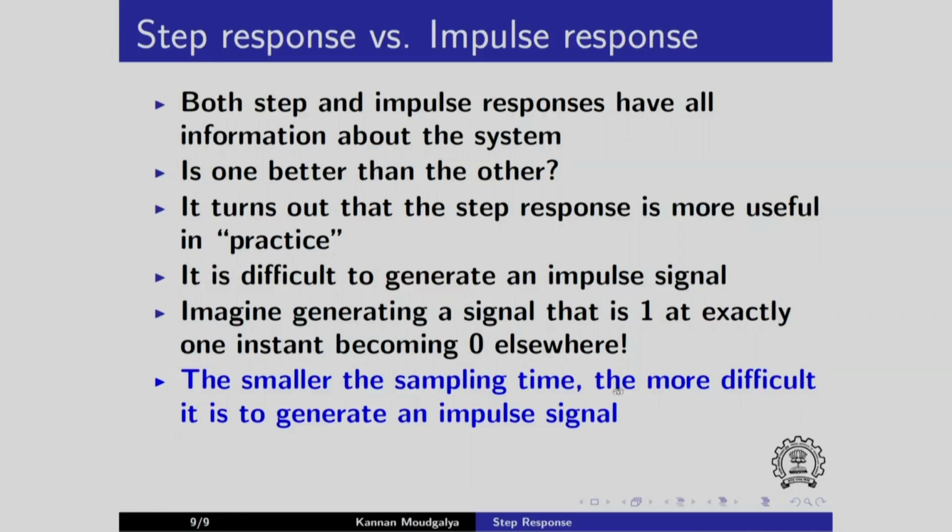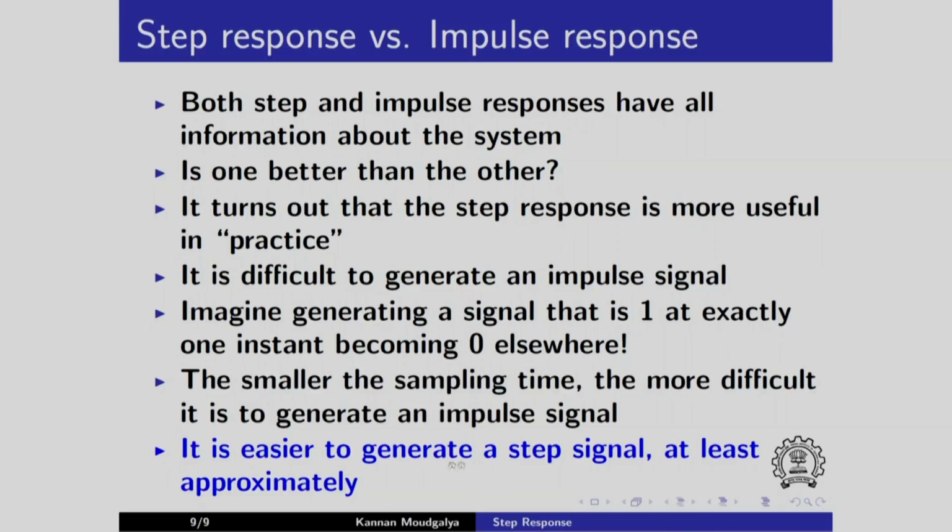The smaller the sampling time, the more difficult it is to generate an impulse signal. It is easier to generate a step signal, at least approximately. So because of that, we say that the step response is more useful in practice. For theoretical calculations, of course, given step response, you can always determine impulse response, as we explained earlier.